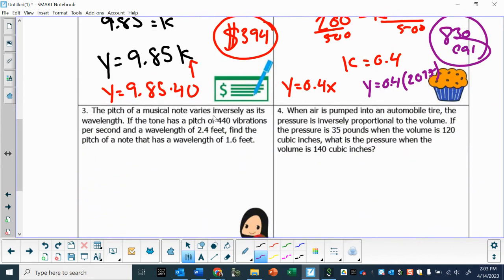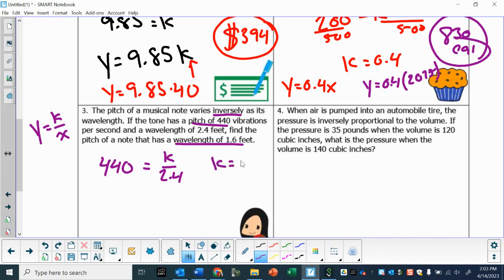The pitch of a musical note varies inversely. Remember, inverse variation is k divided by x as its wavelength. If the tone has a pitch of 440 vibrations per second and a wavelength of 2.4, we want to find the pitch of the note with a wavelength of 1.6.